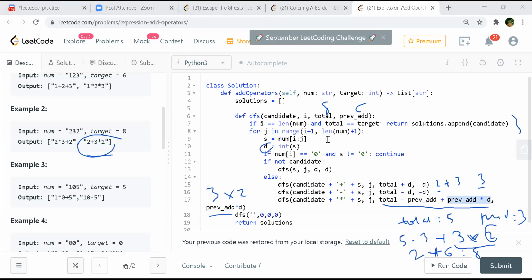Absolutely. This implementation is very easy to understand, because other implementations are very bad.